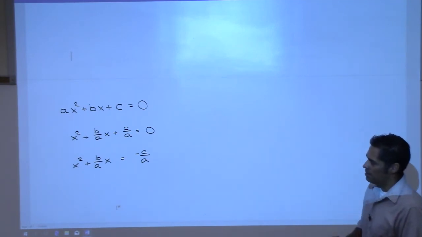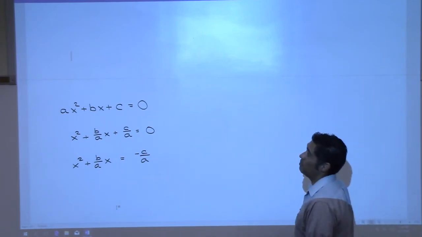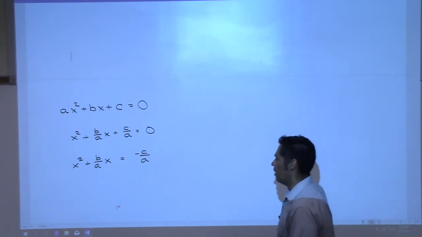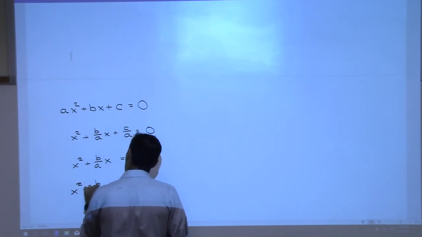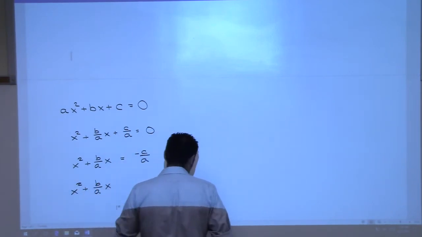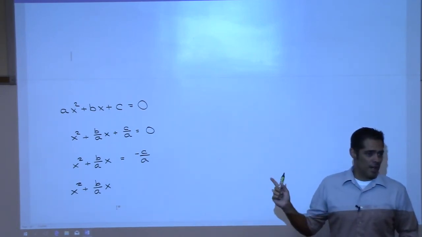This one right here is kind of the crazy part. Let me see if I can remember what to do. Okay, so now what I'm going to do is introduce, you told me I was allowed to add anything I want to both sides, right?